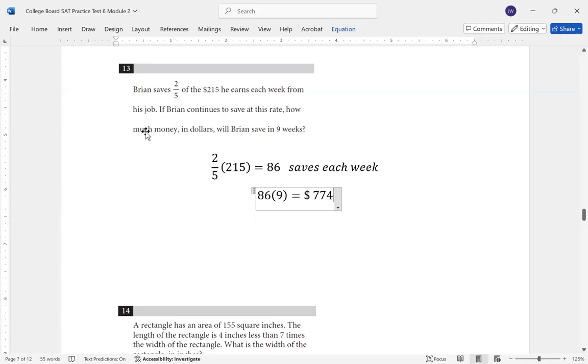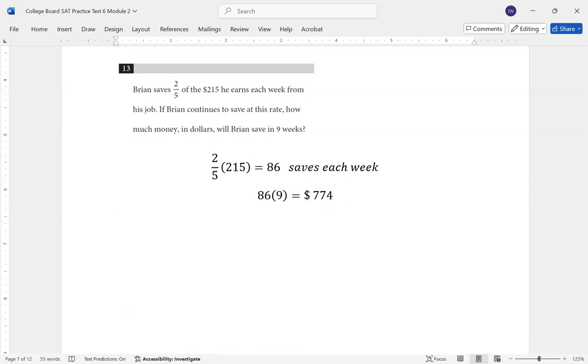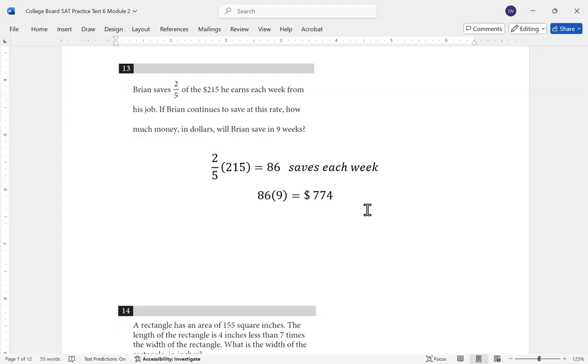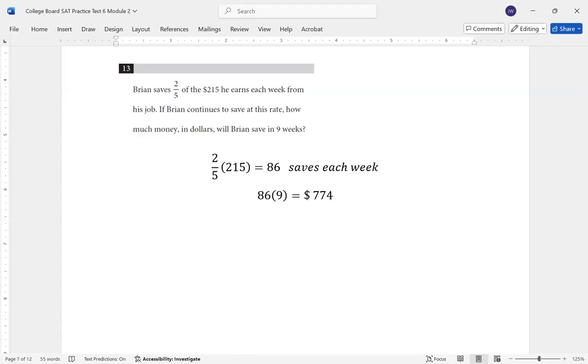Now, this is asking us just how much money in dollars will Brian save. So the answer is 774. And that's what you type in. You type in 774. So 774 is the answer to question 13.